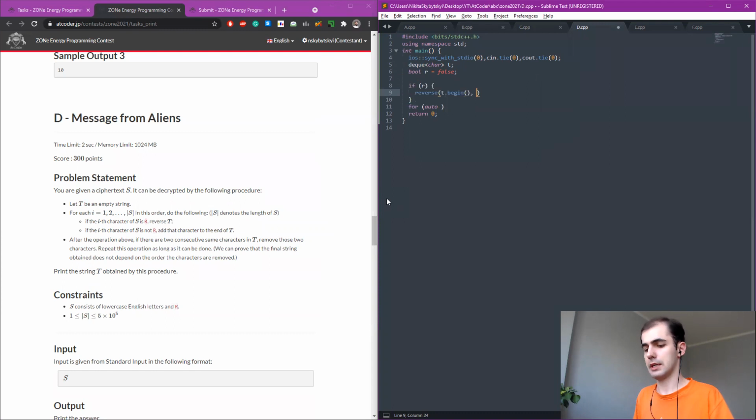I'm not sure if we can just reverse it like this, but also literal in the deque, we will not print a literal, and actually, so that's our printing, and then we have string S that we read.